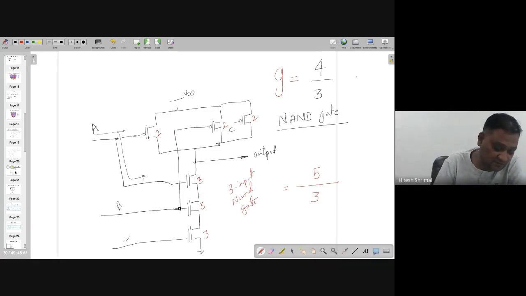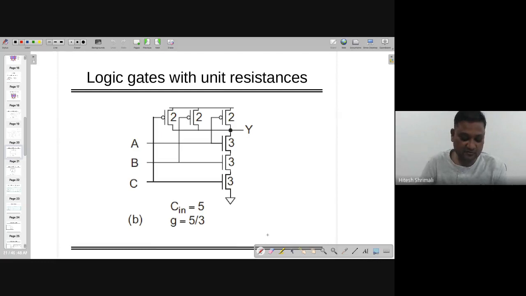Let's go with this one. I believe the repetition of what I said is not required. But for 4 input, it's going to be equal to, sorry, I made a mistake, it's going to be equal to 6 by 3.